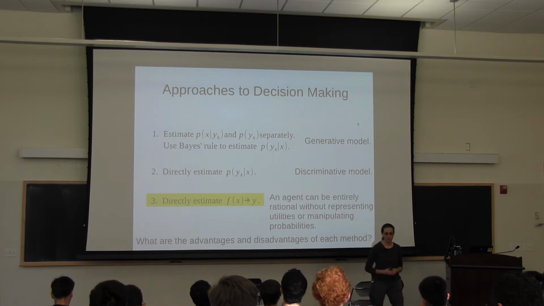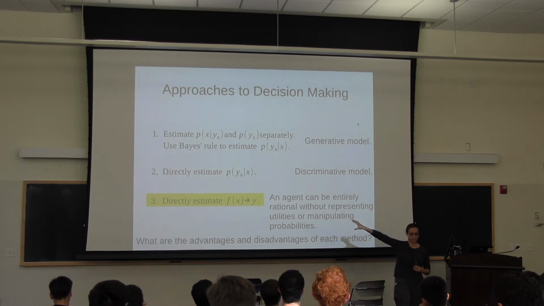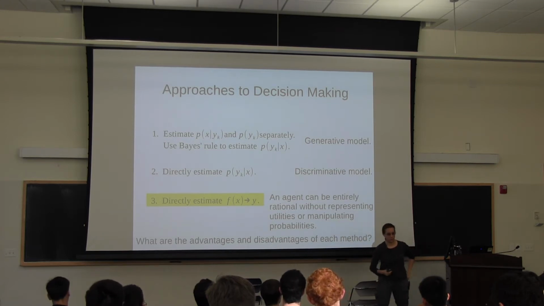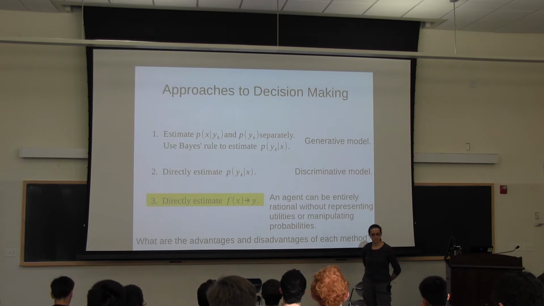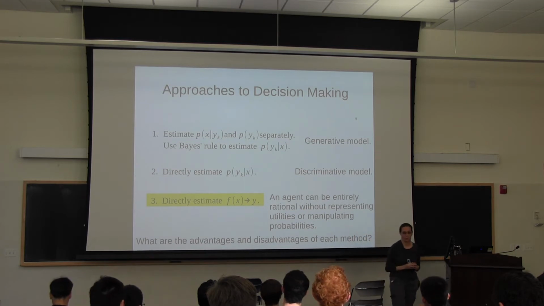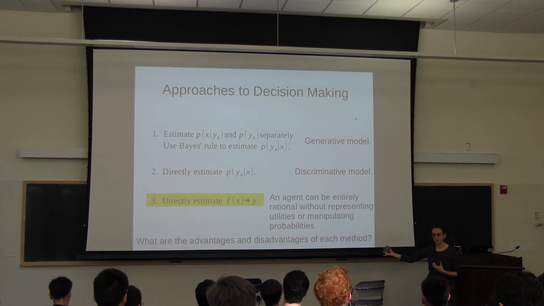So does that mean that this is fundamentally unfounded? Does that mean we should just not look at number 3? I'll say that a lot of these methods are very popular and very powerful. So how can we reconcile that with what Jaynes says, which is that if you don't use probabilities, you're going to regret it?